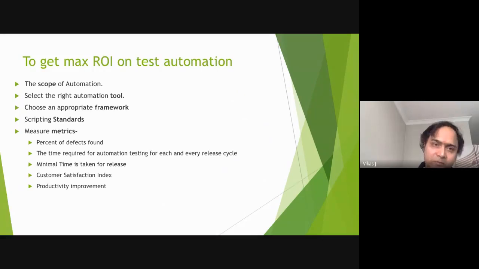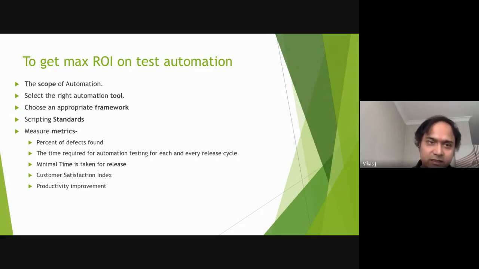You have to choose an appropriate framework, and then you have to have strict scripting standards. I've seen where the framework looked okay, but the scripting standards were so bad that the maintenance cost just shot up. So we can't do away with coding standards, scripting standards, and we have to measure the metrics.